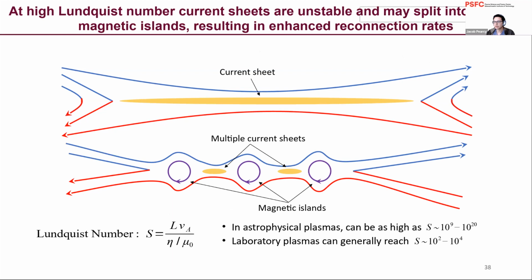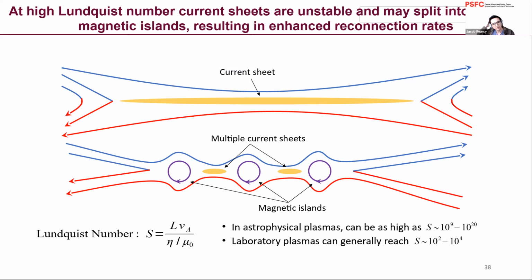This is resolved in theory by invoking the plasma tearing instability, which says that at high Lundquist number, current sheets are unstable to the tearing instability and might split into isolated magnetic islands, which results in an enhanced reconnection rate, as shown in this cartoon. Initially we have a Sweet-Parker-like configuration with a long, thin current sheet. And then as it thins out, the Lundquist number increases.